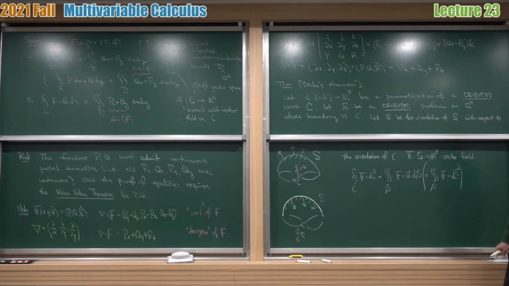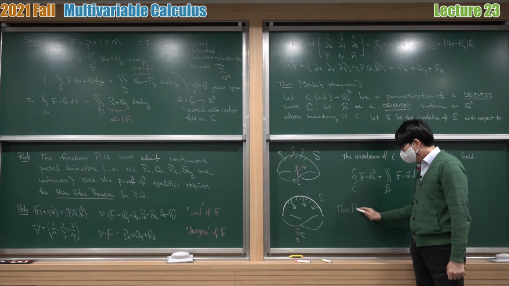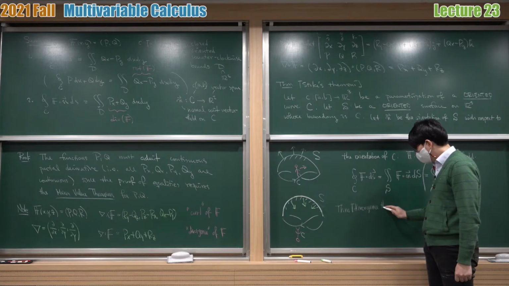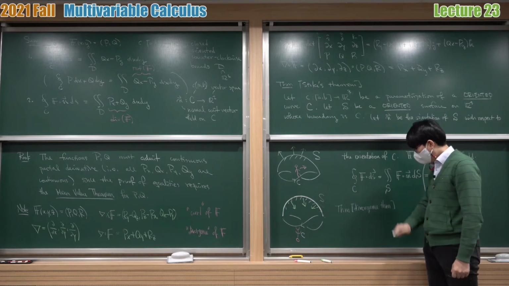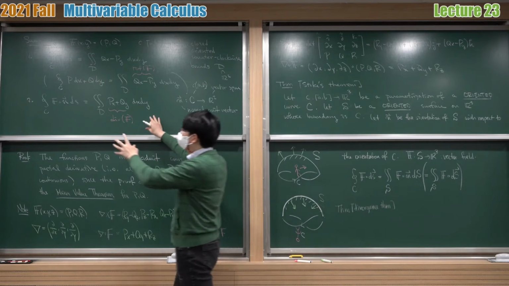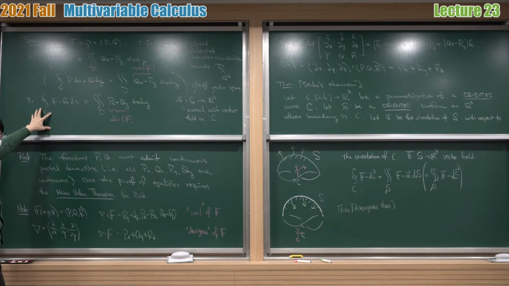Let's talk about one more thing. So this is the Stokes theorem, and the next one is called the divergence theorem. The situation in the divergence theorem is a little bit different because now you want to generalize this argument to the three-dimensional situation. You had a closed curve which bounds a two-dimensional space.